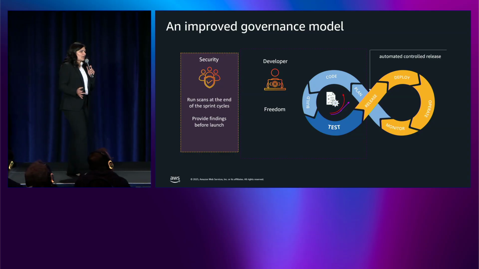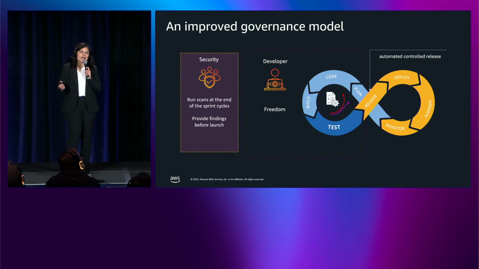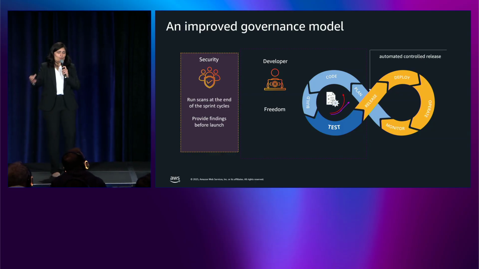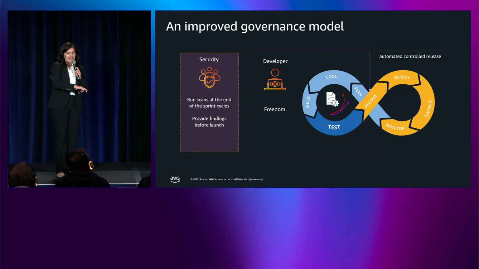We talk about DevSecOps. It's been around for a very long time. But in reality, it's very hard to implement that entire DevSecOps journey unless you natively embed and bring the culture in the developers' workflows. So with code security, we're adding an improved governance model.